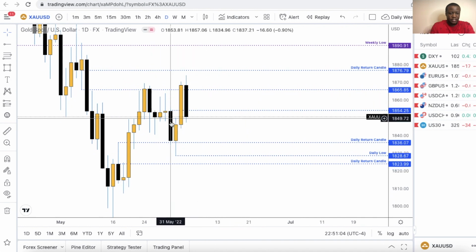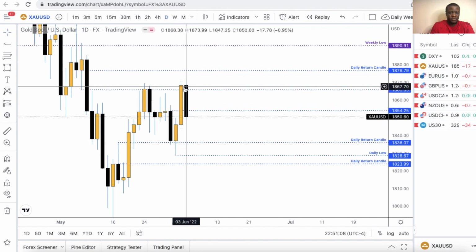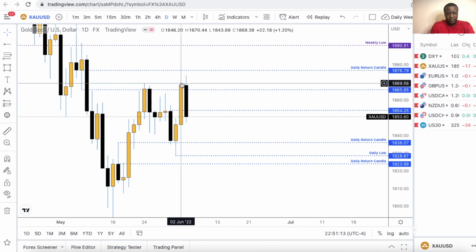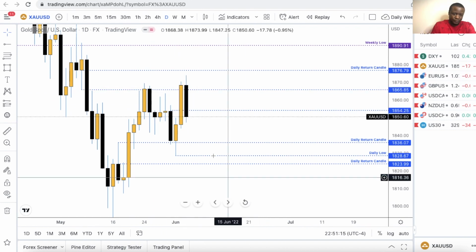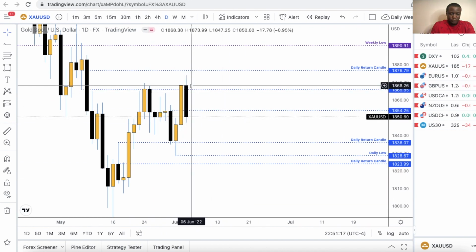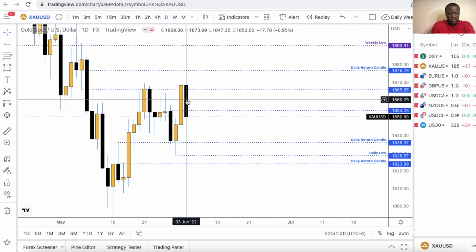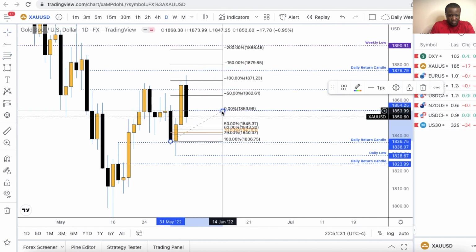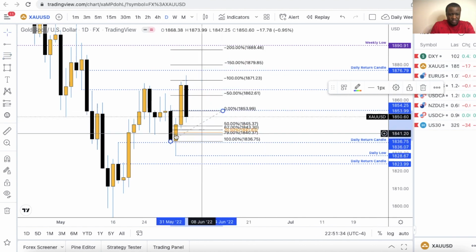So we got this down close candle right here. Market breaks through, breaks above, and then takes out these highs, and it comes back down, right? If the market was to potentially close below 50% of this candle right here. So the 50% mark is right here.